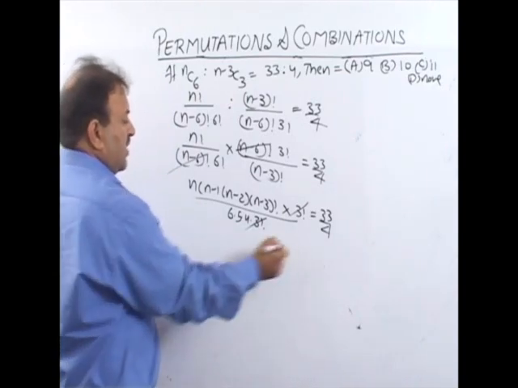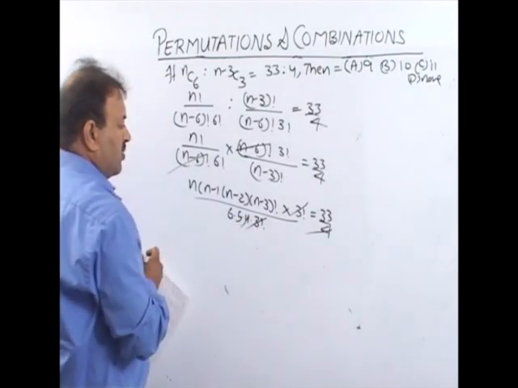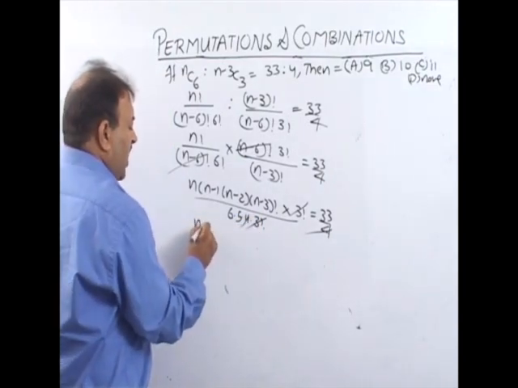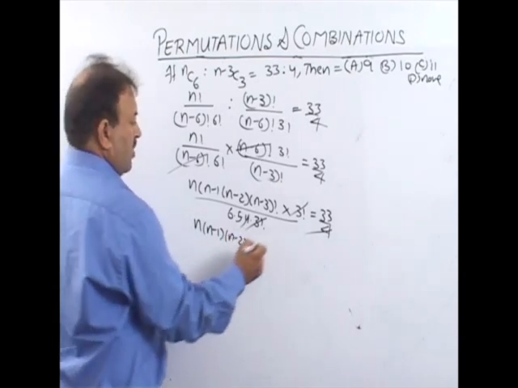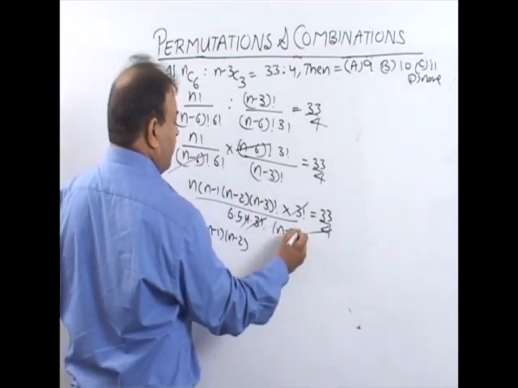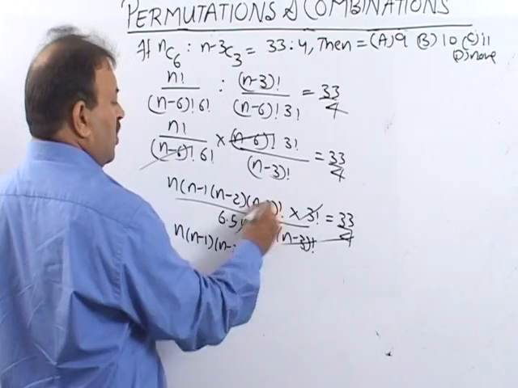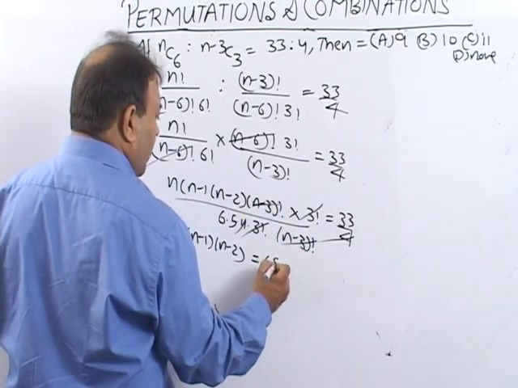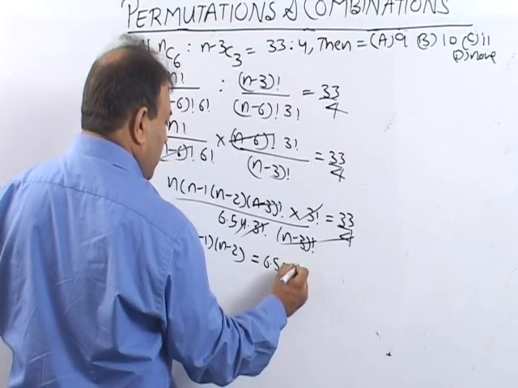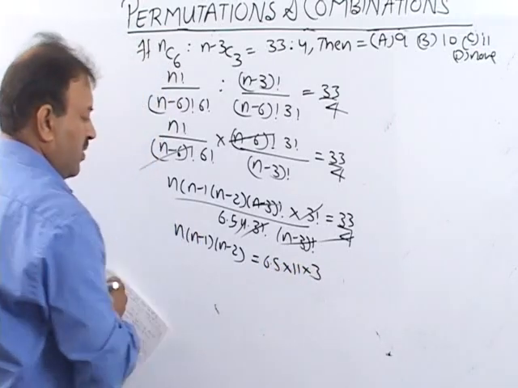We are left with 4 and 4 will be cancelled out. We are left with n, n minus 1, n minus 2. This is (n minus 3) factorial also here. This will be cancelled out with this one. This is equal to 6, 5 into 11 into 3.